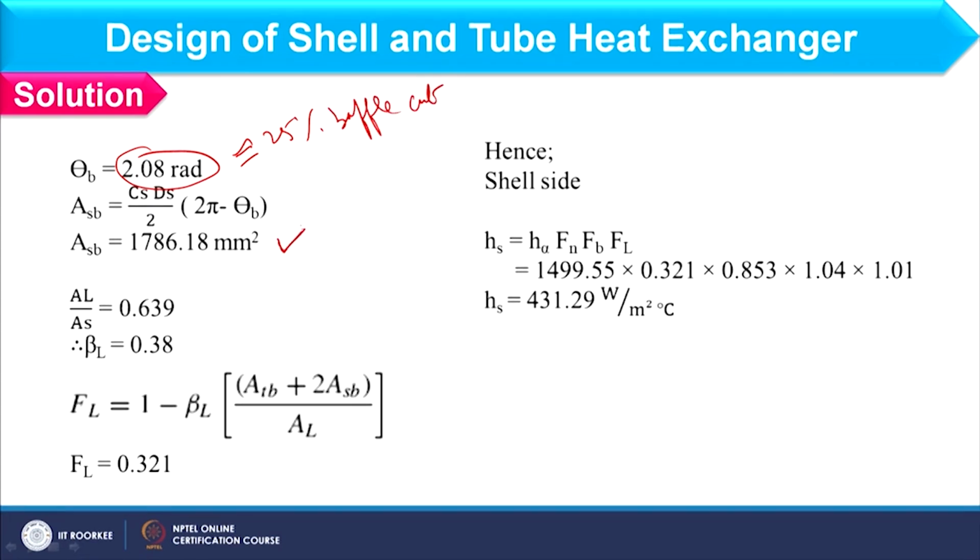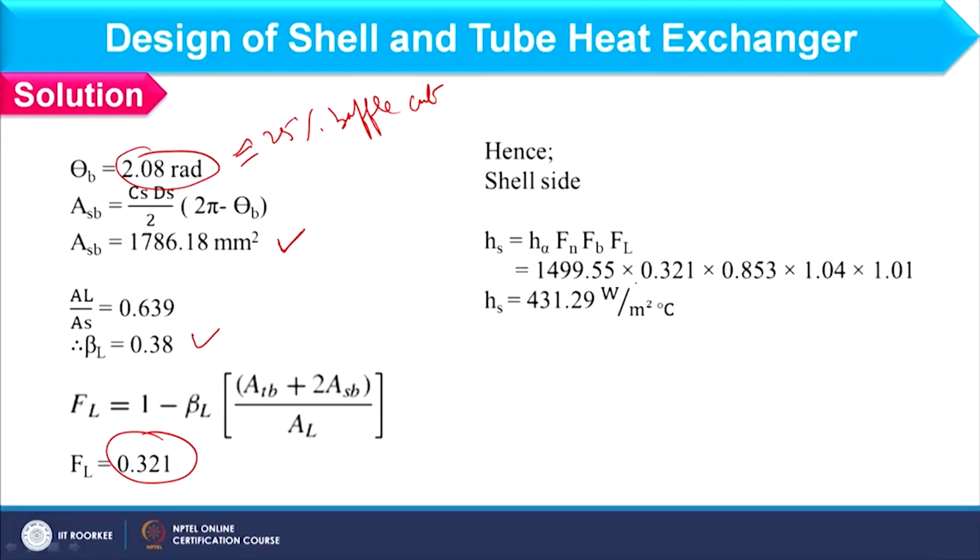So, you can find out the ASB value as 1786.18 mm square, and then you can find out the beta L value from the graph and so the FL value. So, the FL value comes over here as 0.321. So, now you have all 4 correction factors and the HOC value.